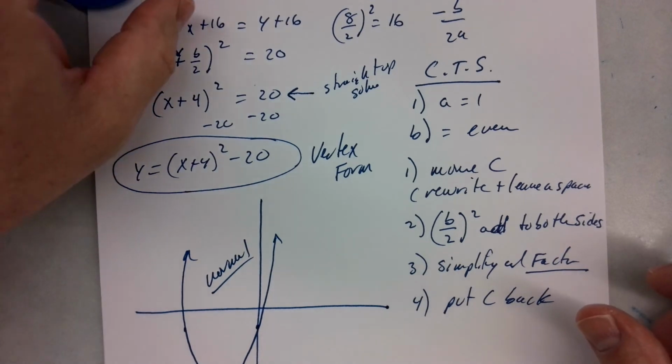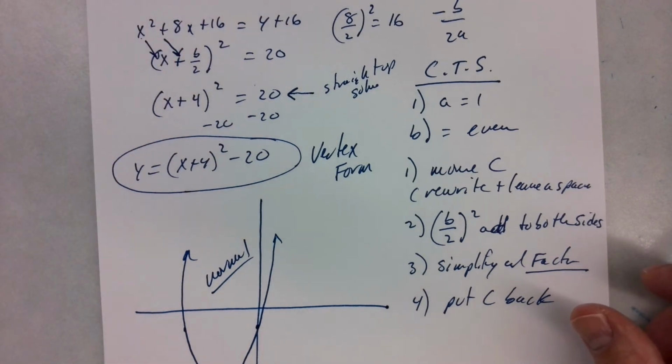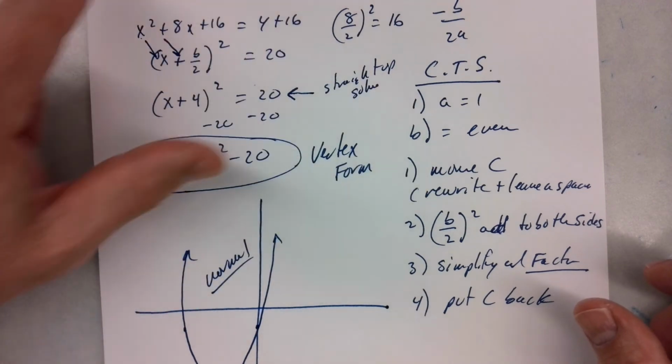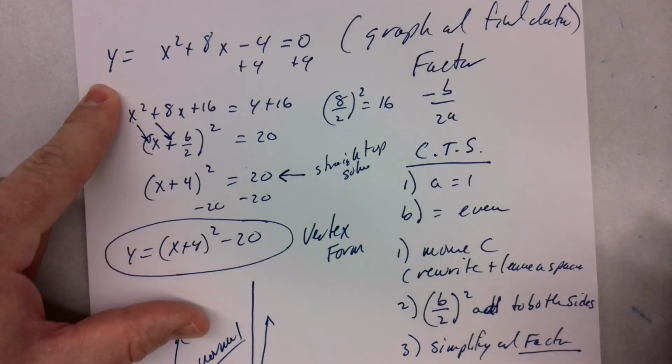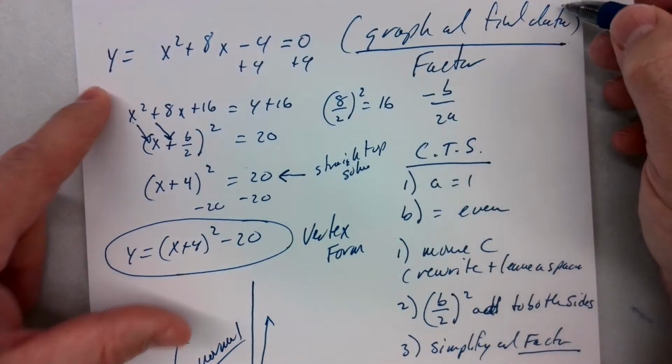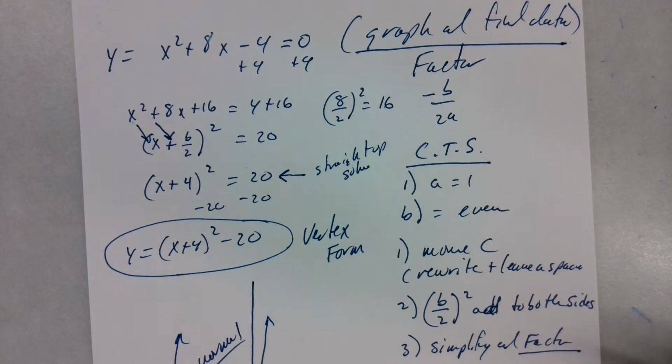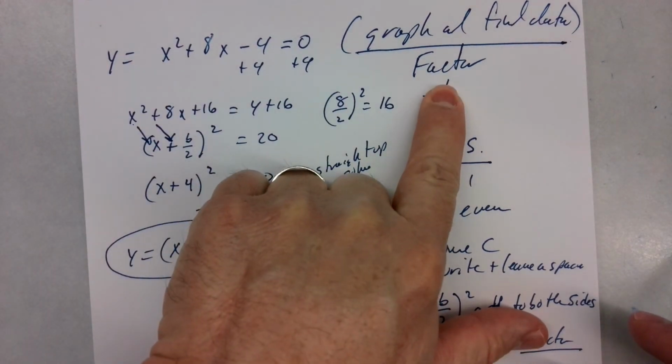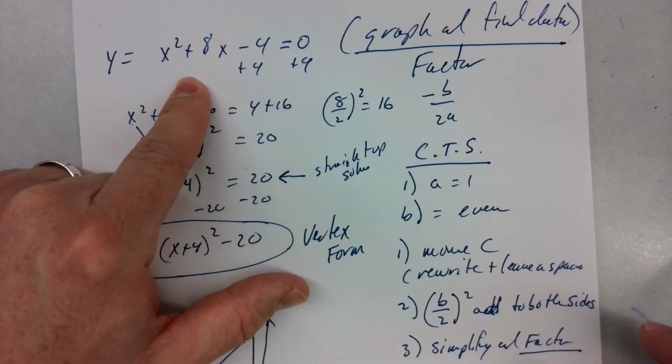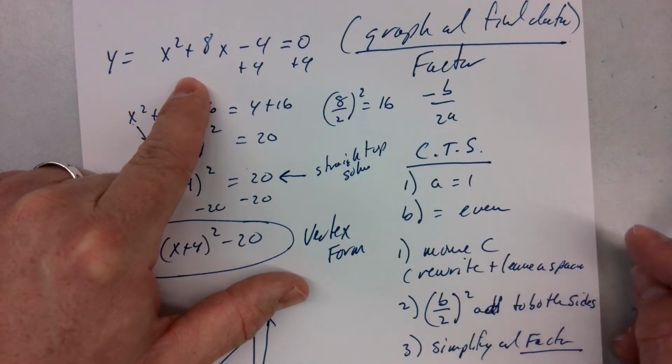Now, when you look at this problem, I would say, okay, they want me to graph it, and they want me to find the data, which means they want me to find my vertex, my y-intercept, and my domain and range and my end behavior and all those things we found, right? There are going to be some issues here. So first off, let's say I wanted to factor this. Well, what would you learn really fast?